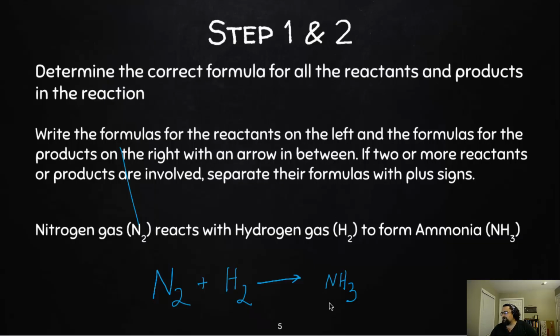Okay. Now, sometimes we'll give it to you set up like this. Sometimes we'll give it to you in a word. But this is what's called a skeleton equation. It's not balanced, but it gives you the basics behind it.